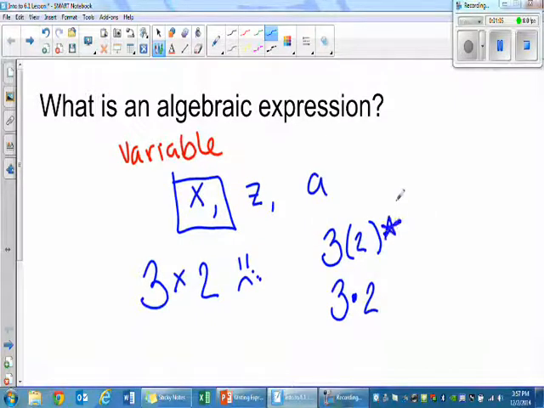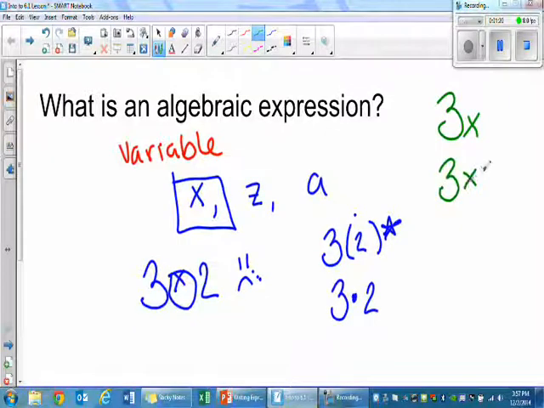This one with the parentheses is the most common. Okay, so no more x's, because this could be quite confusing, because now you might be seeing 3x. Well, 3 times 2, is that 3x? Is that 3 times 2? That could be a little confusing.